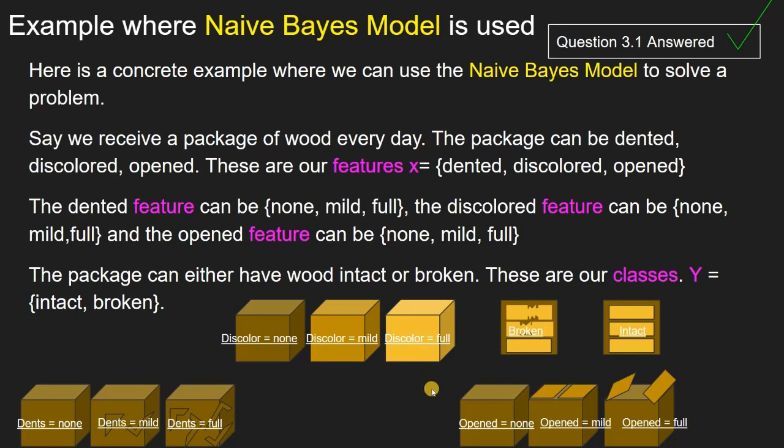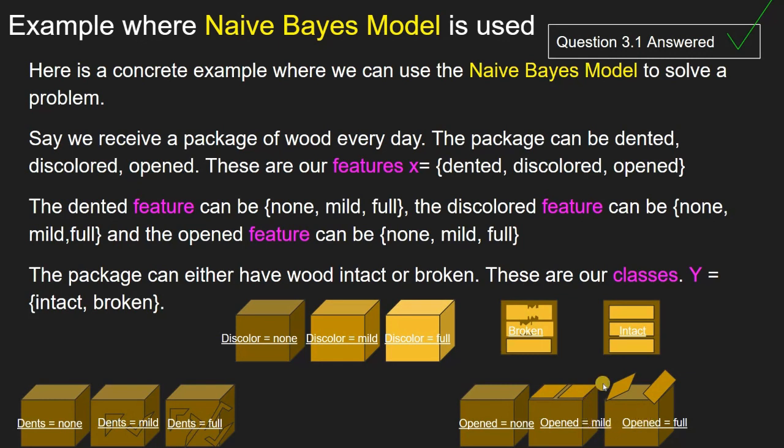And the open feature can also be none, mild, or full. When open is equal to none, the package is not opened at all. It's fully sealed. When open is equal to mild, the package is partially open. And when open is equal to full, the package is fully open.